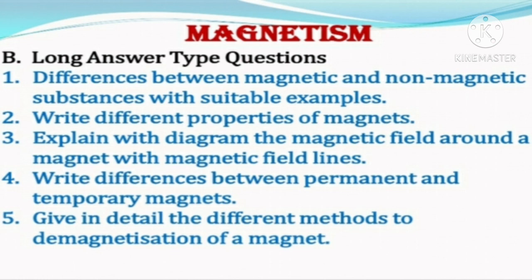Second, permanent magnets are usually made of hard materials. Temporary magnets are usually made of soft materials. Third, a permanent magnet produces comparatively weak magnetic force. A temporary magnet can produce very strong magnetic force.